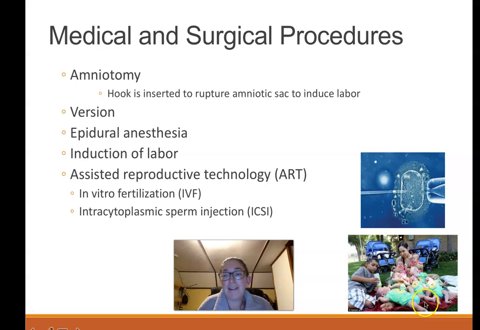This is my picture of the Octomom, who a few years ago did IVF and gave birth to 8 babies. I don't think they would let that happen anymore these days. The success rates of IVF have gone up. They used to implant multiple embryos into a woman with the hopes that one would implant.